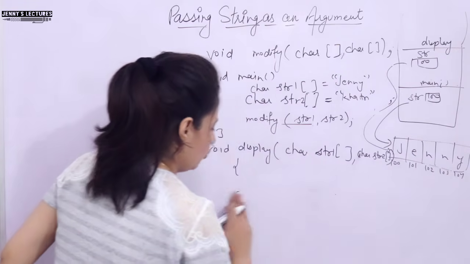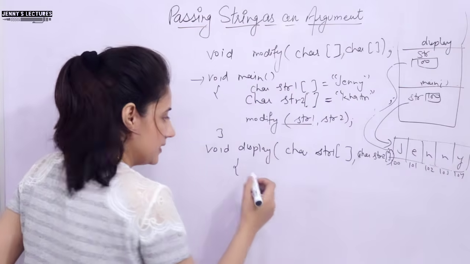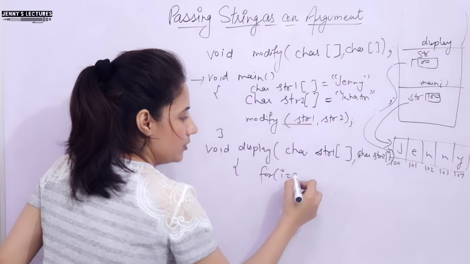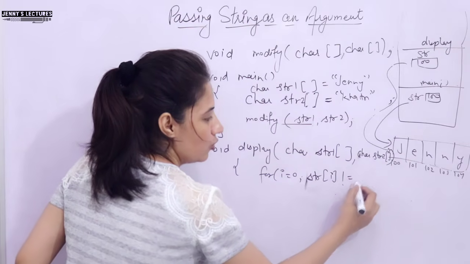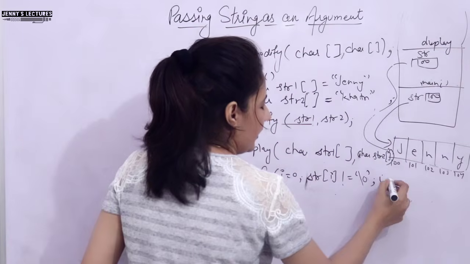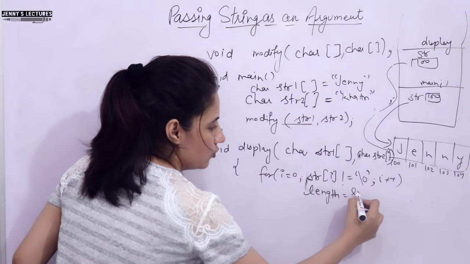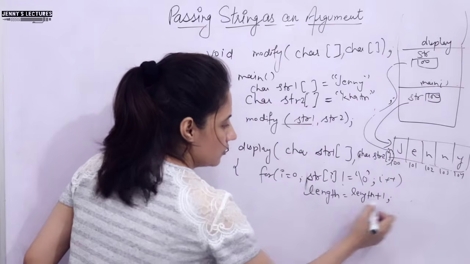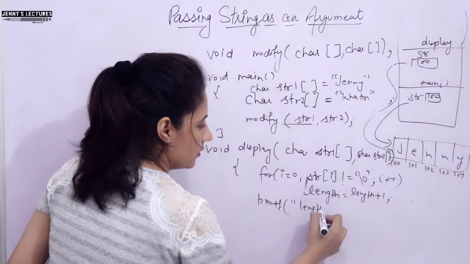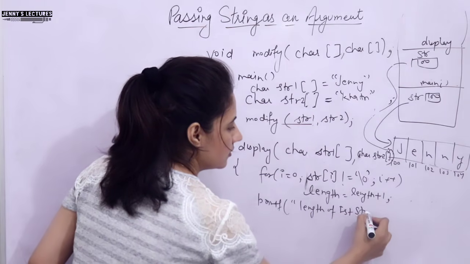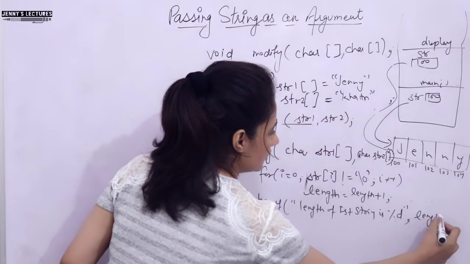And what I want to do here is find out the length of the first string. So how do we find the length of the string? See, one for loop with i equal to 0 till str[i] not equal to the null character and i++, and here I take length = length + 1, and simply I want to printf the length of the first string is, length would be an integer, %d, length.